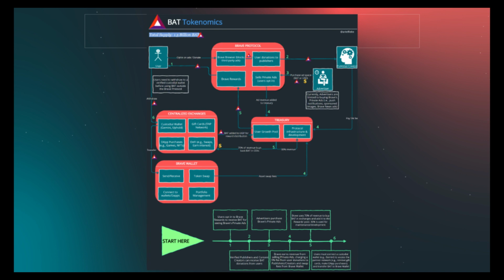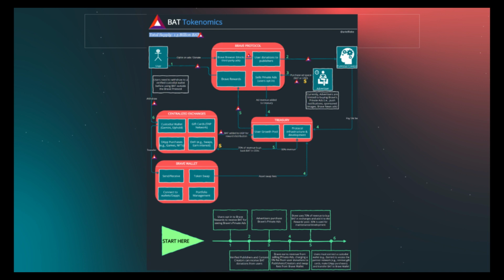But if you're able to withdraw, then you can do some other stuff, which I think are interesting utilities for the BAT token. For example, you could exchange it for gift cards in this STEP network, or if you get them in your wallet, which you need to go through Gemini first, so you can't just withdraw to the Brave wallet right away, then you can use it like you would use tokens in other Web3 dApps.